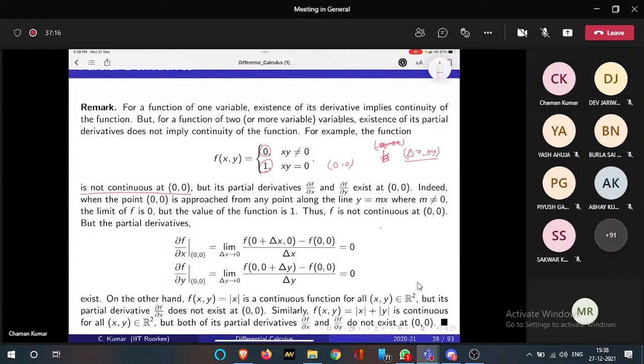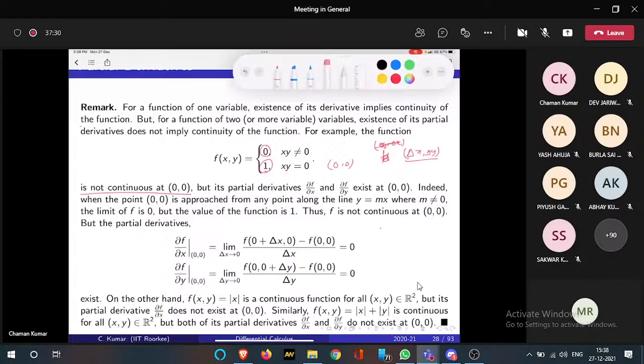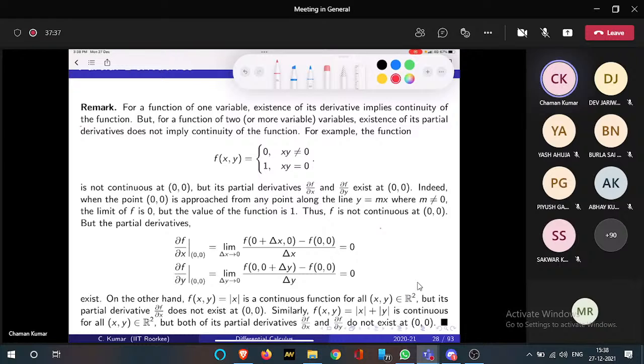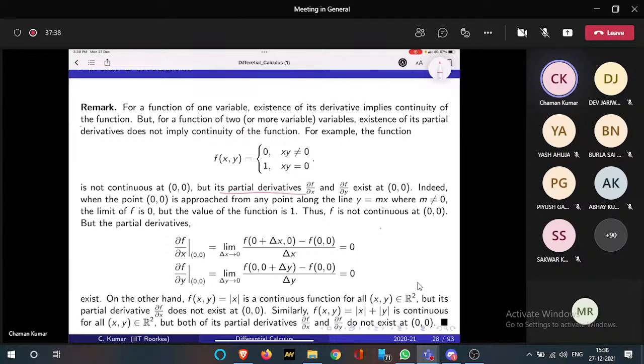Okay. So the limit exists, which is 0, but the limit is not equal to the value of the function, which is 1. Therefore, the function is not continuous at point (0, 0). Okay. Now, can we say that the partial derivative exists? And here we can see that the partial derivatives exist at (0, 0).